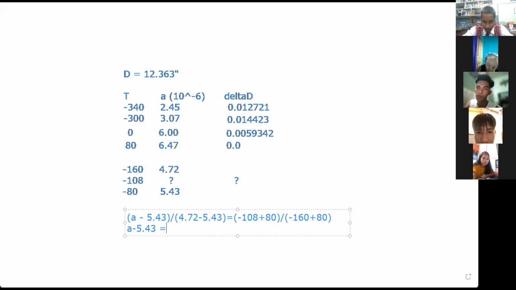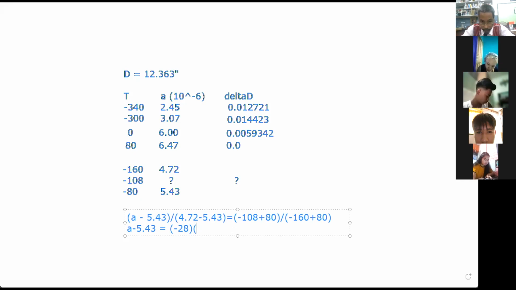Cross multiply. So we have what? Negative 108 plus 80, that is negative 28. Okay, negative 28. And then the denominator here, we want to multiply it here. So 4.72 minus 5.43. If you subtract, what is the answer?